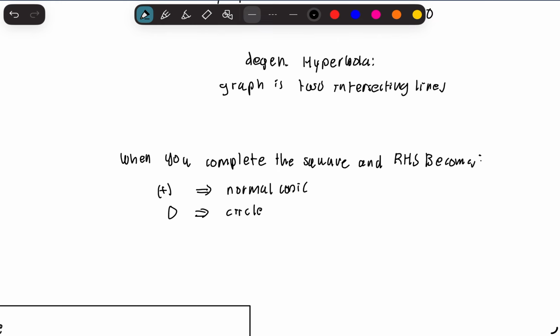When you get 0, it's going to be a degenerate, and when you get a negative, that means you made an error.